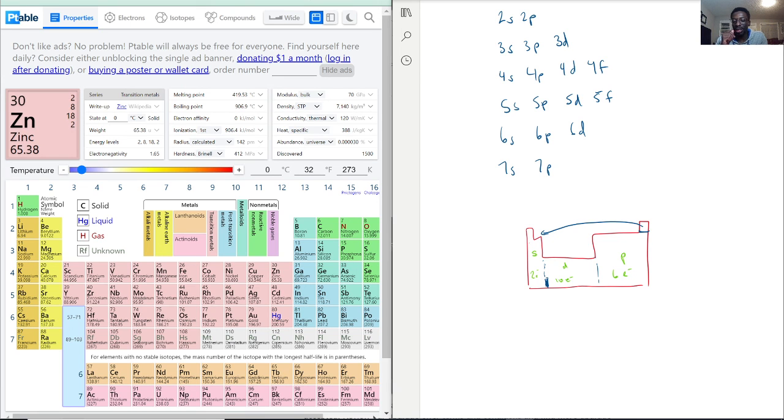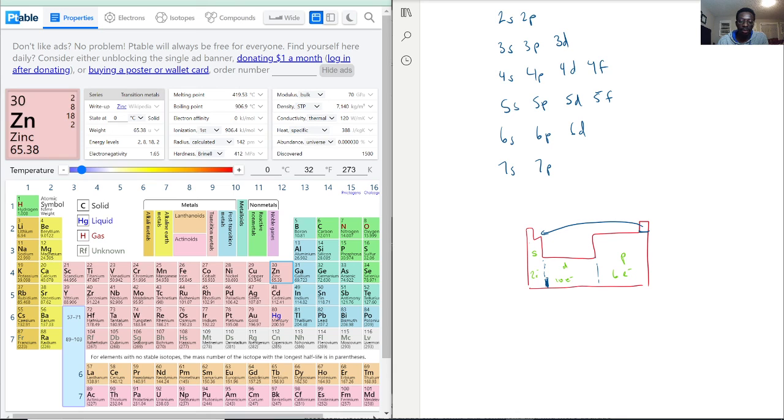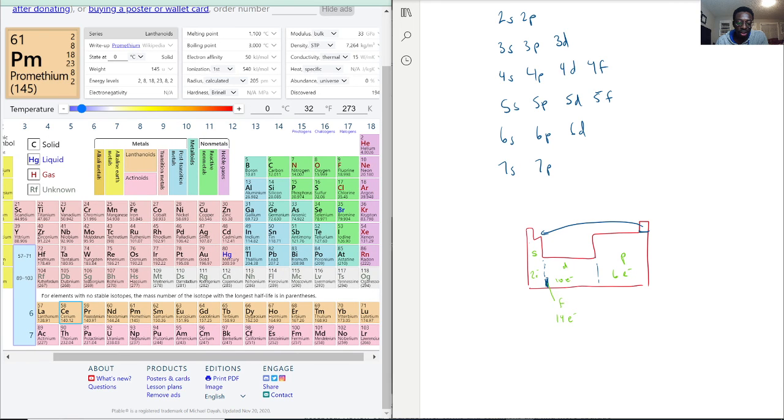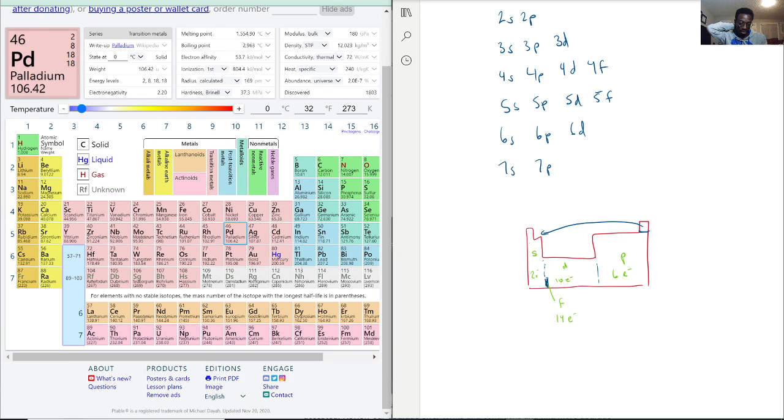Well, not the elements in that row. If you count from scandium to zinc, you have counted 10 elements. And the reason why I highlighted this part is because this is your lanthanum and actinium series, and that's your F orbital, and that one can hold up to 14 electrons. And you can see here, if we did from the lanthanum, you should be able to count 14 elements here, okay? All right, so that is how it breaks down.